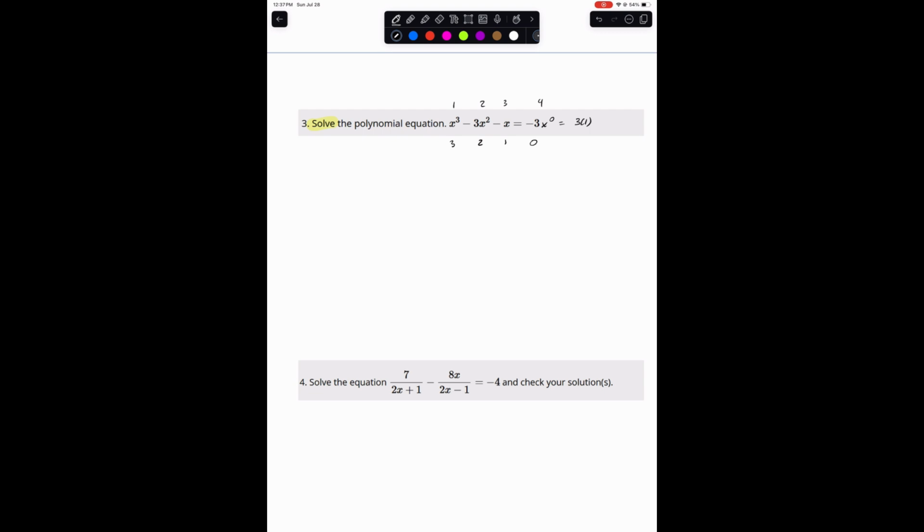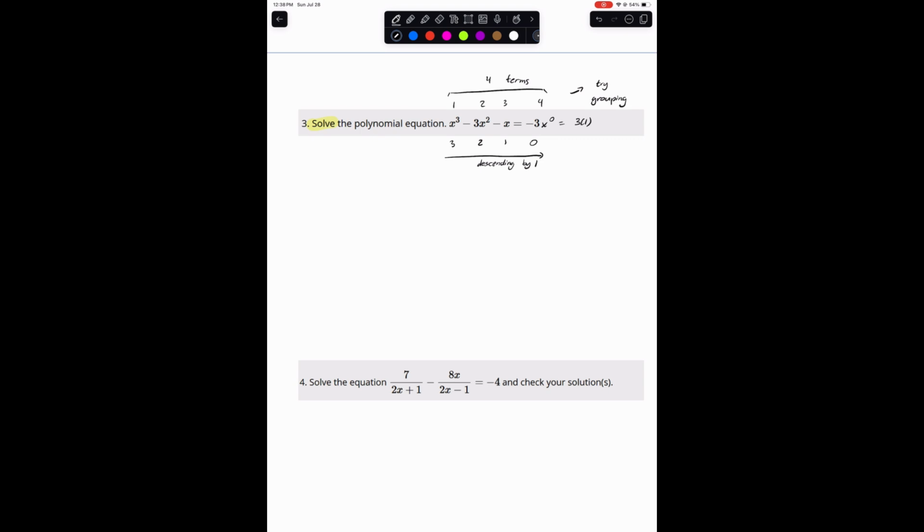This is power 0. So we have descending orders by 1, and we have 4 terms. This generally means I can solve by grouping.